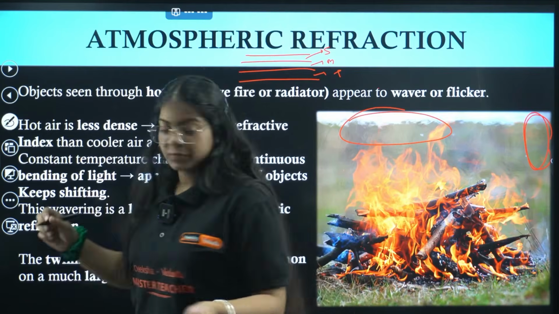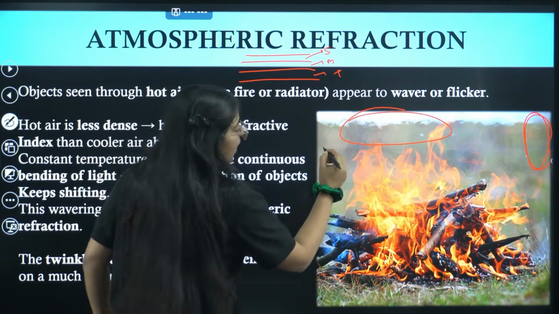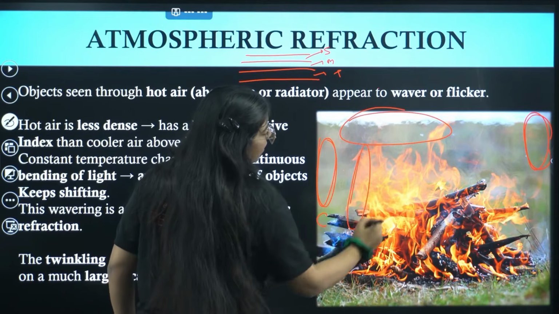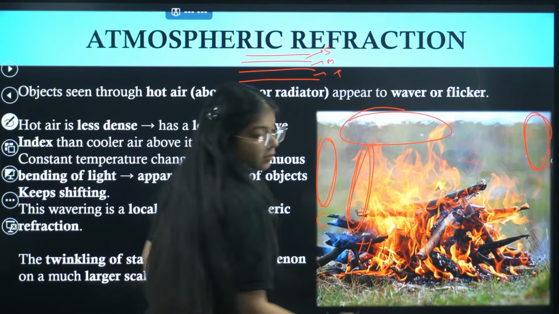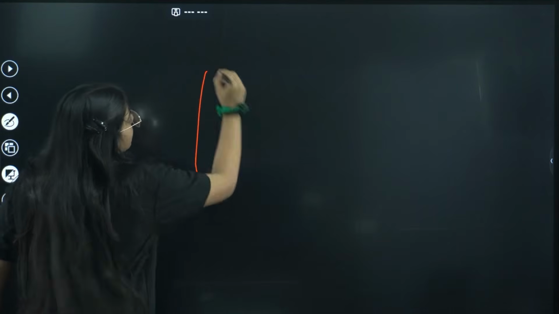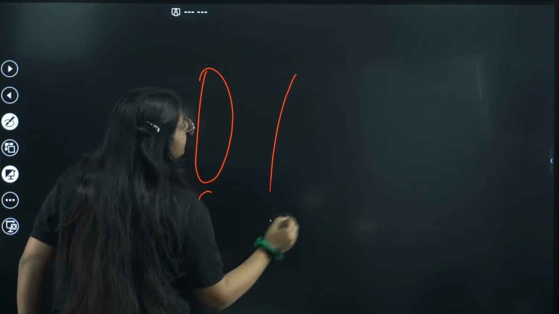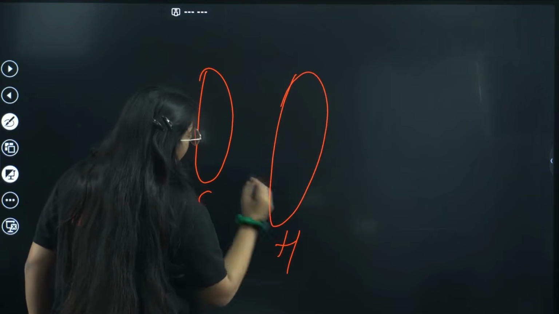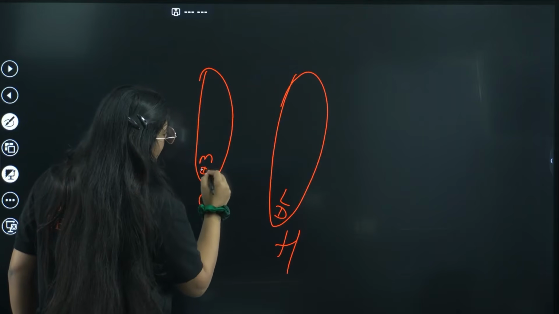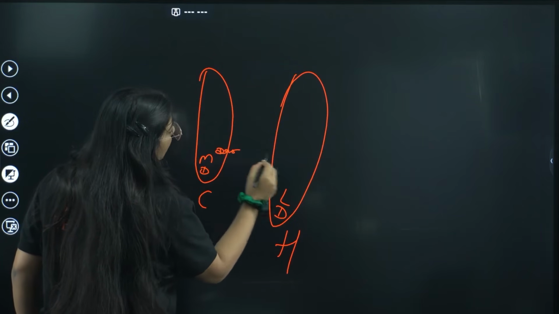Let me make this. Let's say this is our cold air and this is some area of hot air. Now, this is less dense and this is more dense, and it's going from denser to rarer.